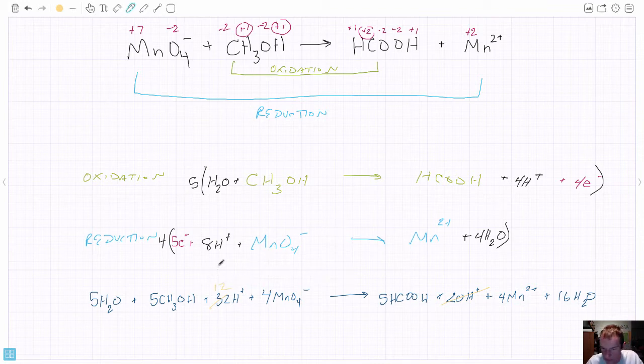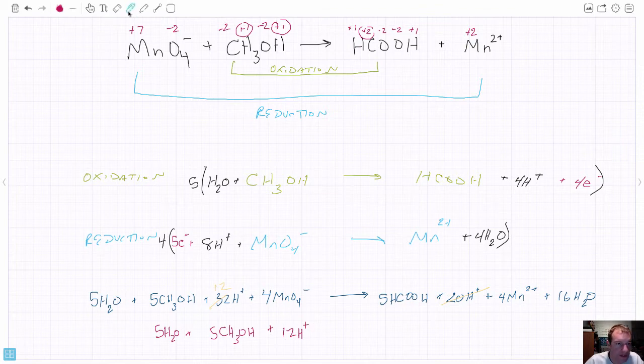I don't know if that yellow is a little bit hard to see. And that's pretty much all it can combine. So what we are left with here is our final reaction. We'll put the final reaction in red. What we're left with is 5H2O plus 5 CH3OH plus 12 H plus.